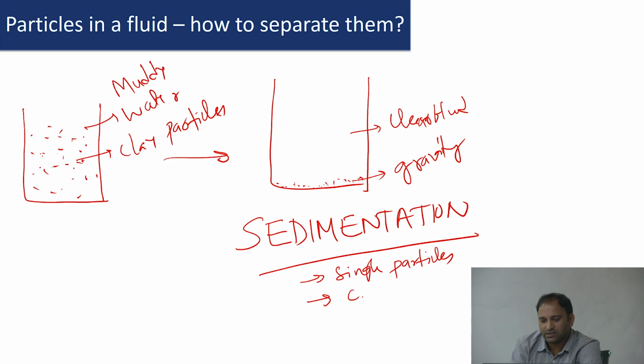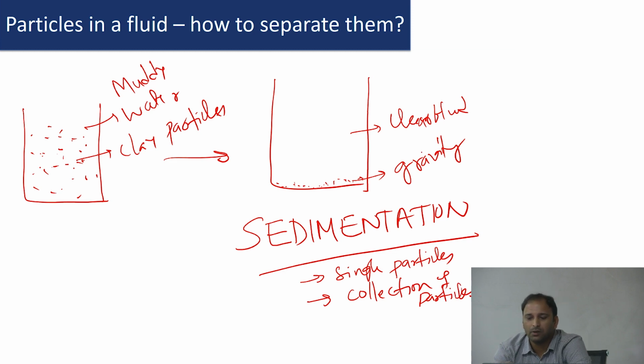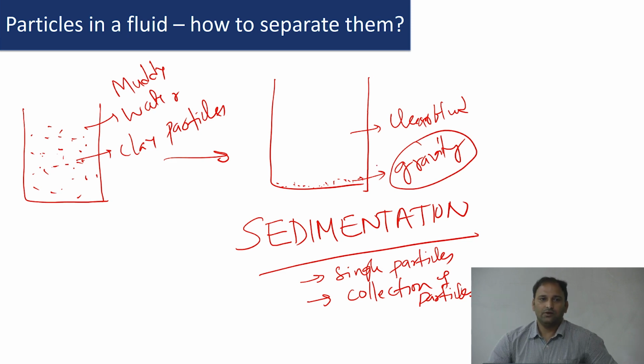We're also going to look at sedimentation of a collection of particles, okay. So in this example, I mentioned that they're going to settle down because of gravity, right. So are there other ways of inducing sedimentation?